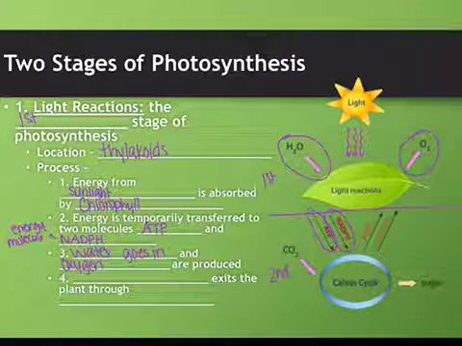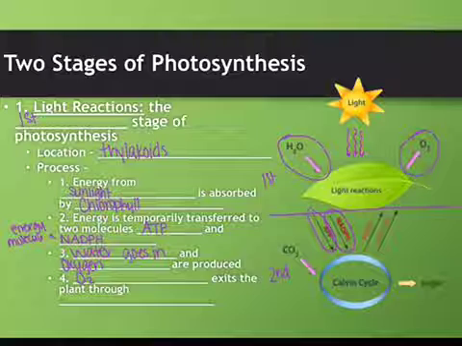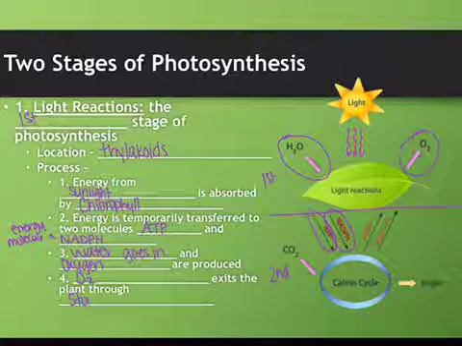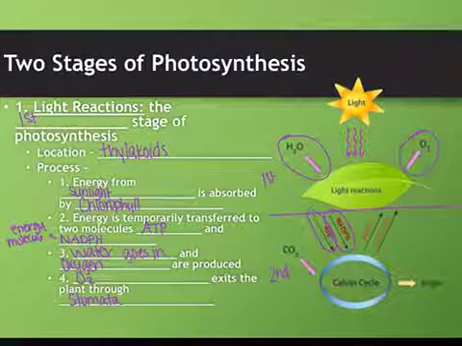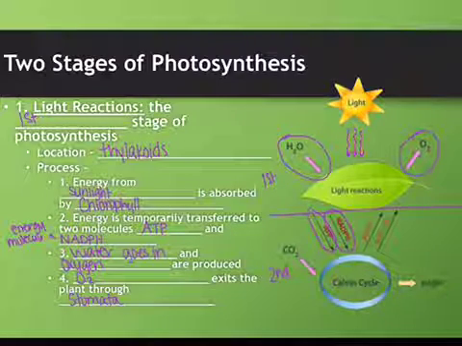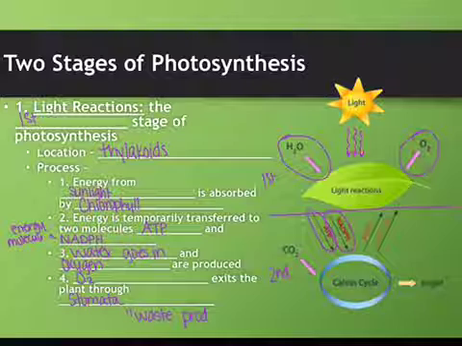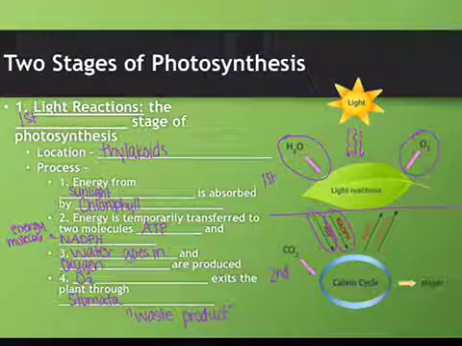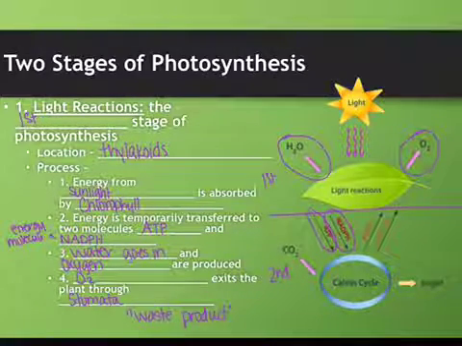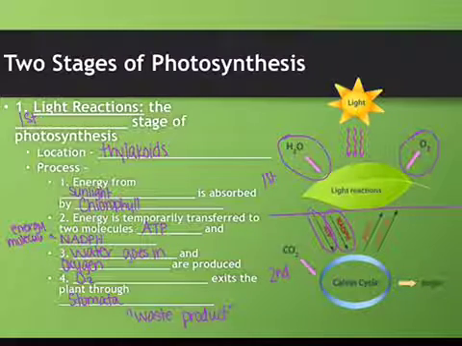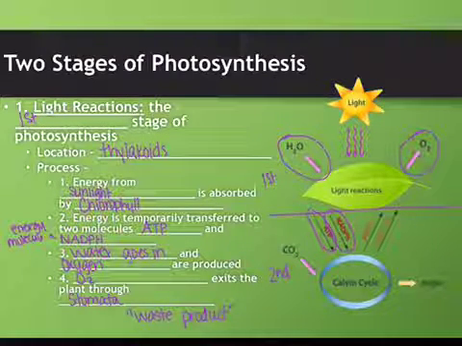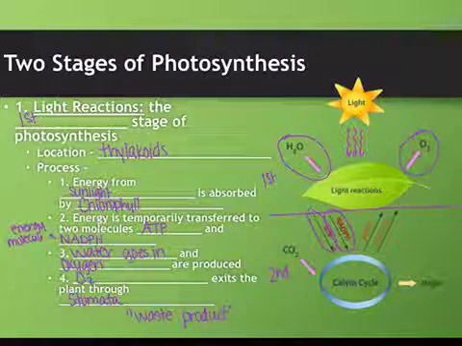So oxygen exits the plant through the stomata. And oxygen is what we call the waste product, because the plant doesn't actually use that oxygen. It's a good waste product for us because we use that oxygen.